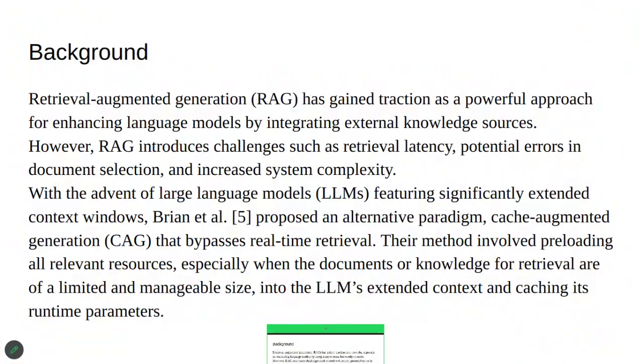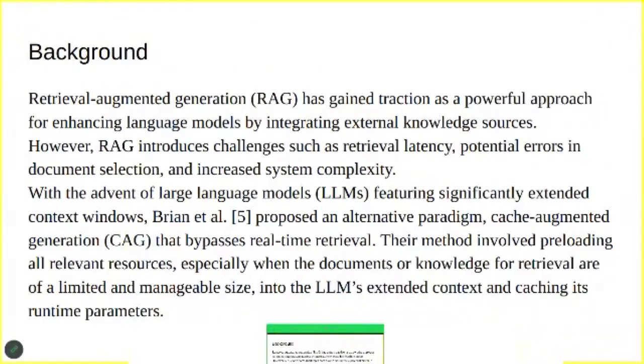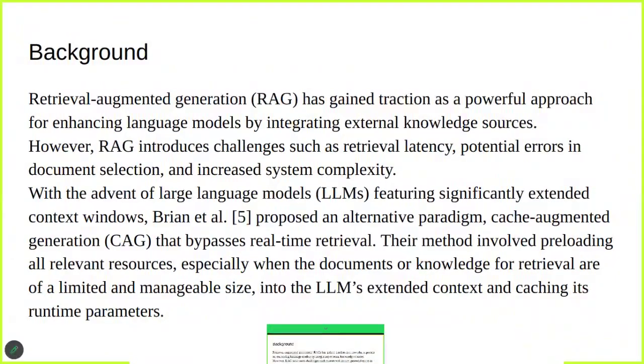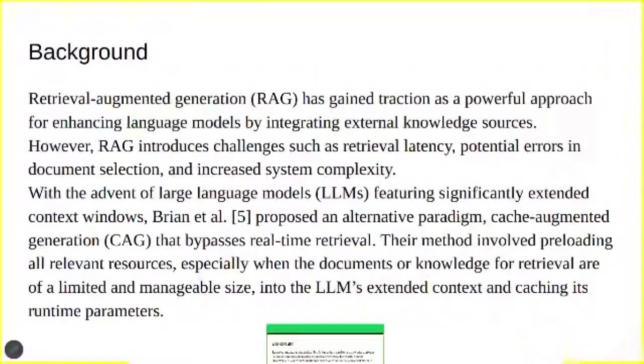But with Cache, there's no retrieval that is required. It's already processed and stored in the storage or the disk or the memory of the system, where the LLM just goes and references the CKV, which is the cache key value storage for all the documents required by the query that has been given, or the question that has been given.